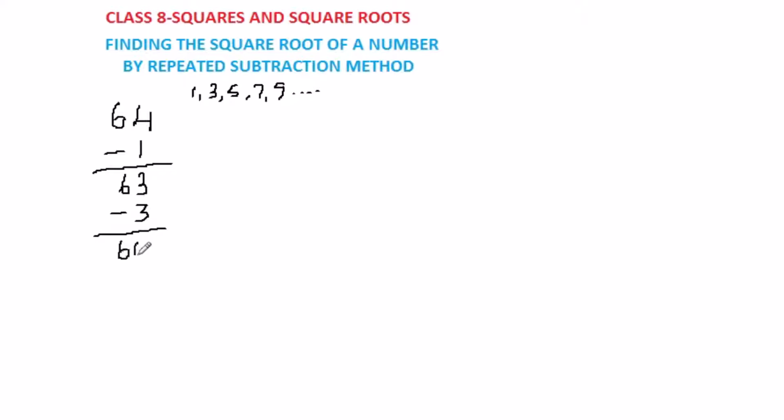Again subtract the next odd number, 5. Then we get 55. Again subtract the fourth odd number, 7. Now we get 48.